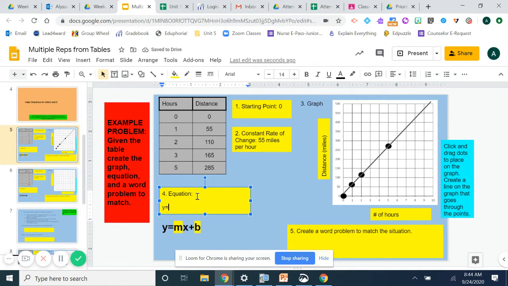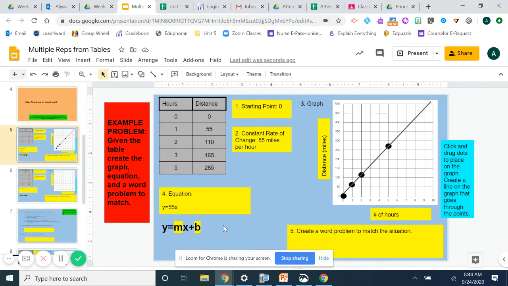My constant rate of change is 55, and then I place my x next to 55 for my miles per hour, plus my starting point, which is 0. Since I'm technically not adding anything extra, I really don't need to write the plus 0 part. So my equation really is just y equals 55x. So I've got the equation done.